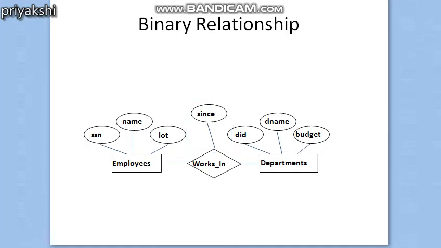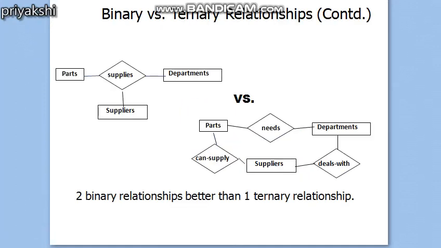Fine. Next we will see what a ternary relationship is. A ternary relationship means that in this particular relationship, supplies, there are three participating entities: parts, suppliers, and department. So we can say that a supplier supplies different parts to the department.